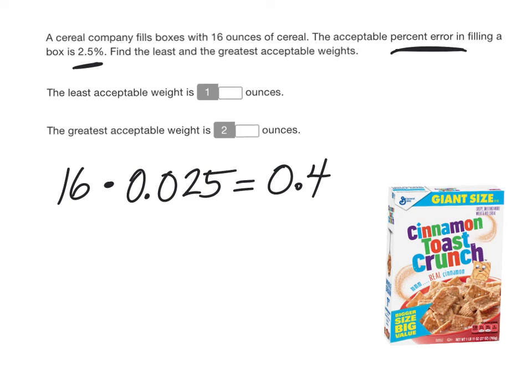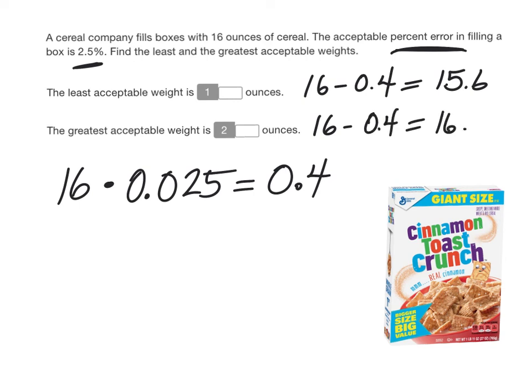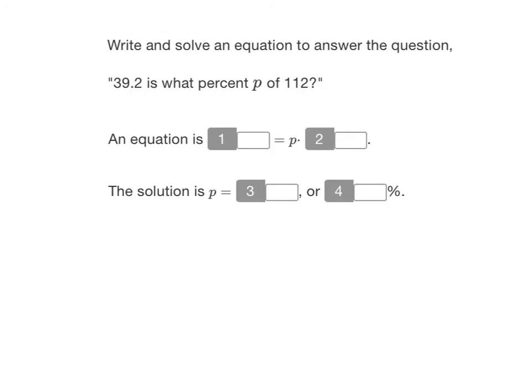So when I calculate the least, I have to take 16 and subtract that 2.5% or 4/10 to find out the least acceptable amount would be 15 6/10. When I want to find the greatest acceptable amount in that box, I have to add that 4/10. So the greatest acceptable amount would be 16 4/10. And in that case, it was an increase.